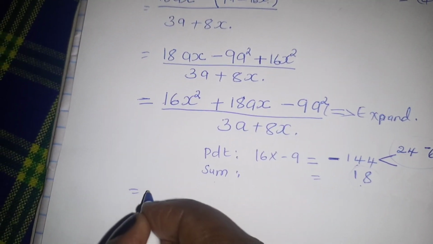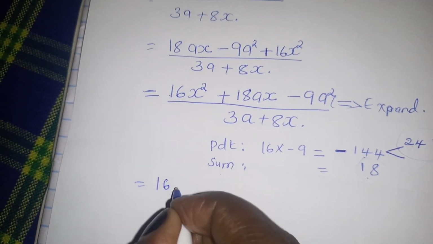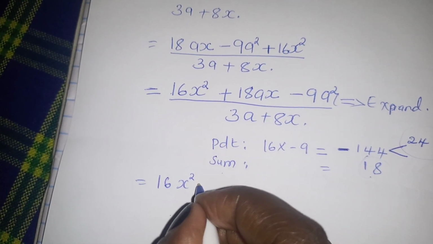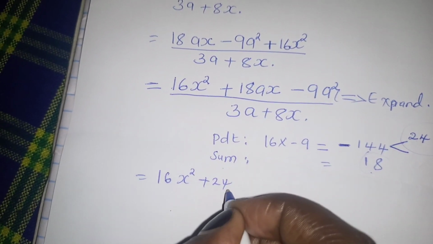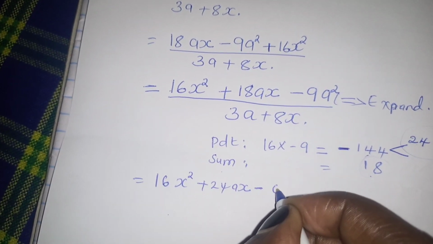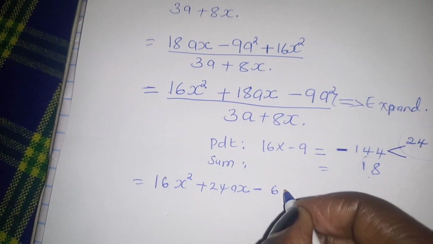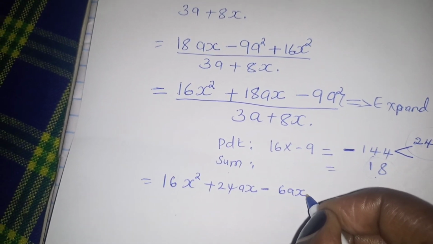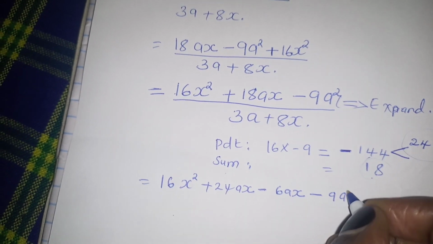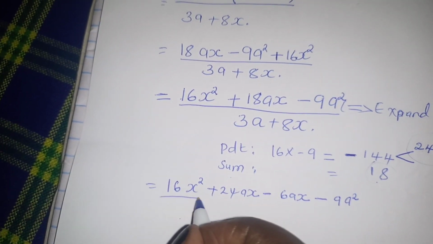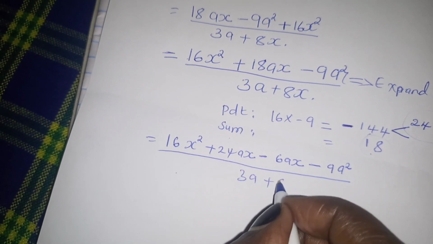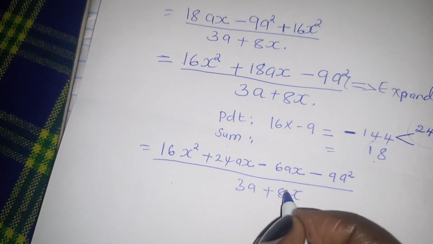So we have 16x squared plus 24ax minus 6ax minus 9a squared, divided by 3a plus 8x.